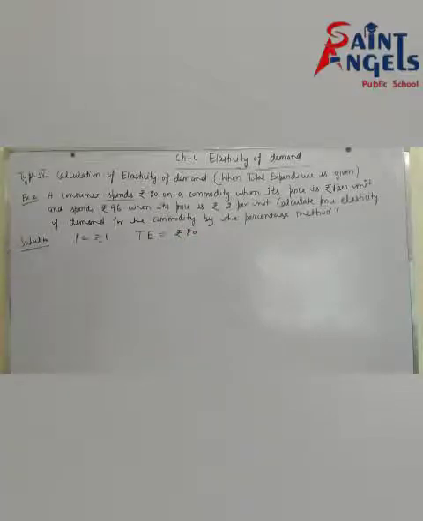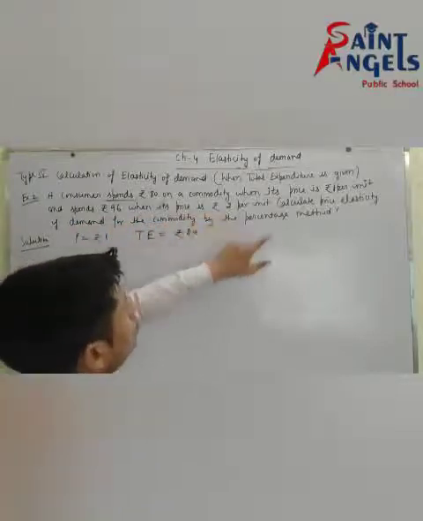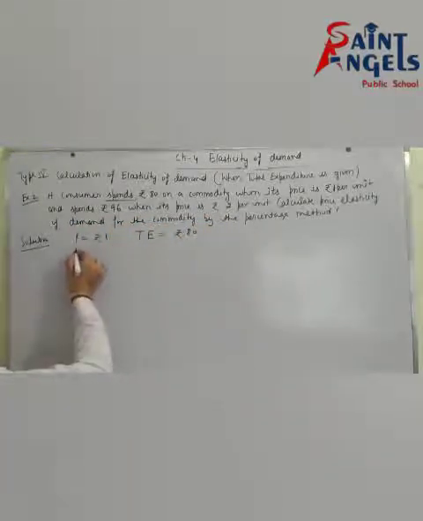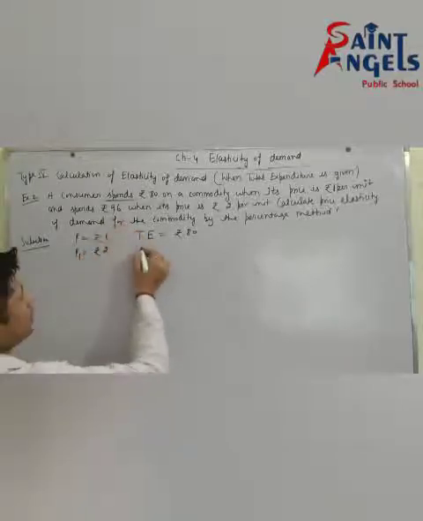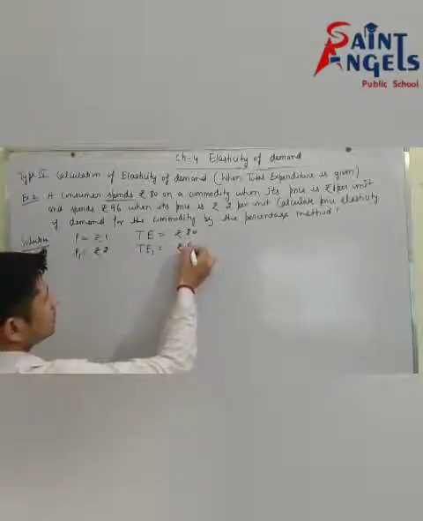See, after this, it spends rupee 96 when its price is rupee 2 per unit, means new price is rupee 2 and new expenditure is rupee 96.